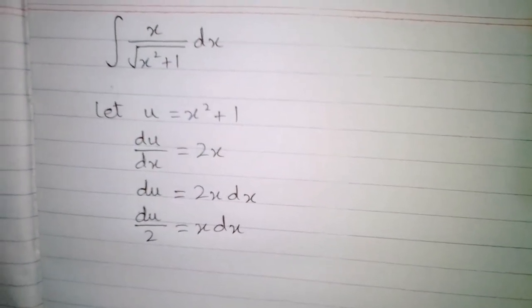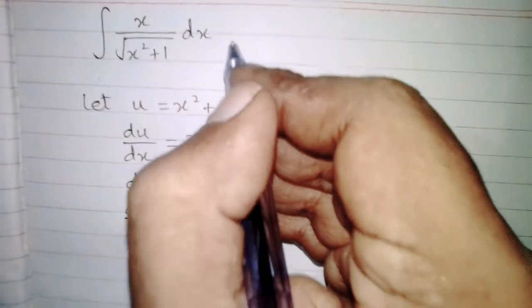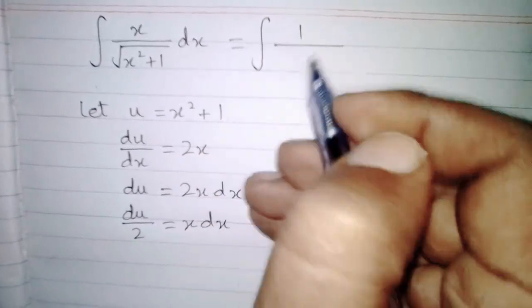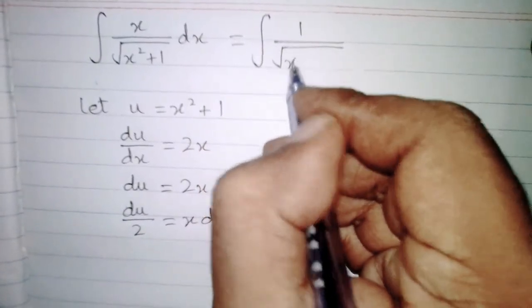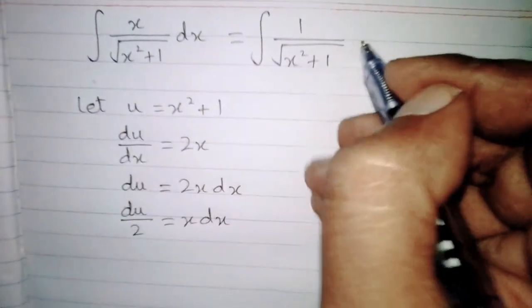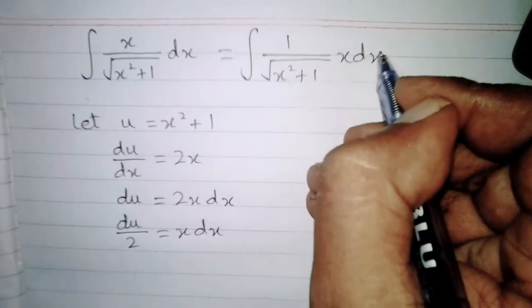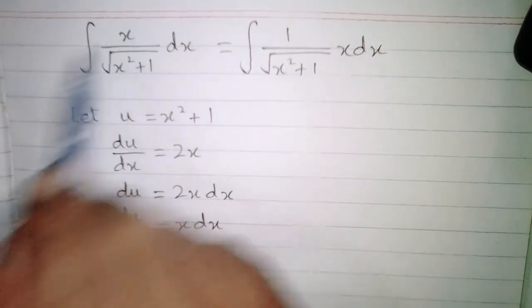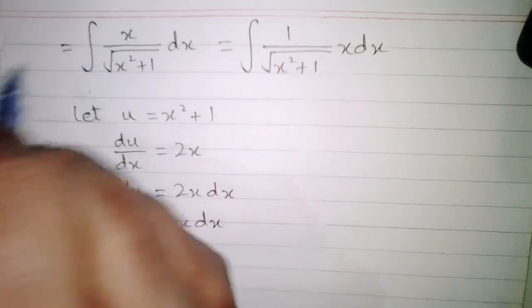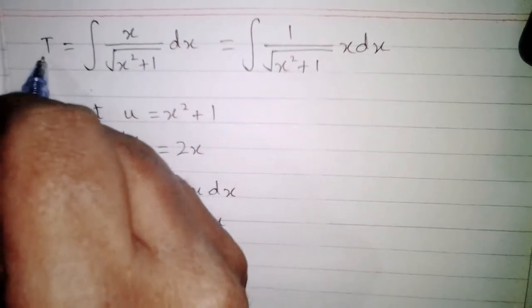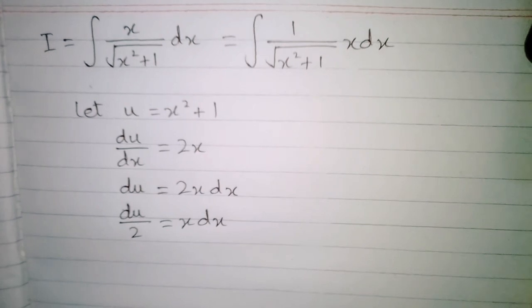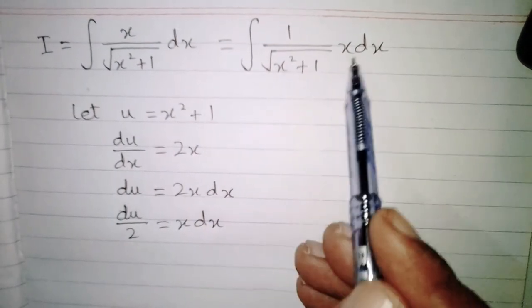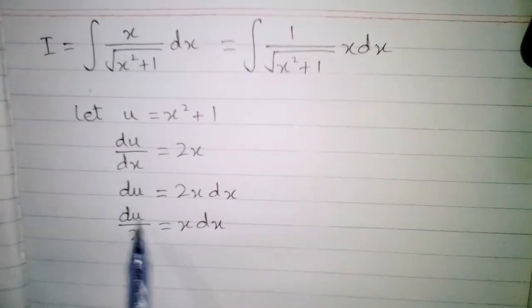Or if we make some arrangement, we can write this integral as 1 upon square root of x square plus 1 times x dx, because 1 multiplied by x is x, and we can call this integral I. Now we can easily put u over here, and in place of x dx we will put du upon 2.